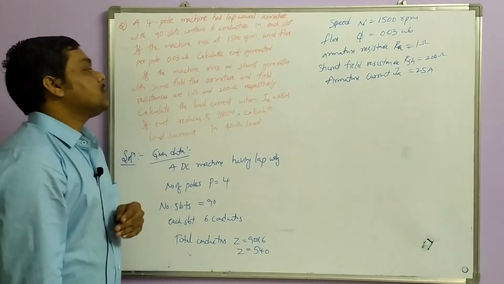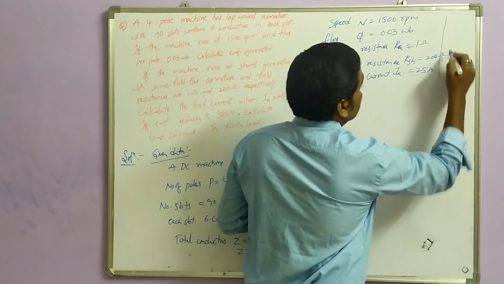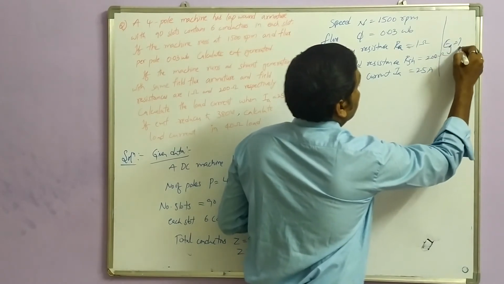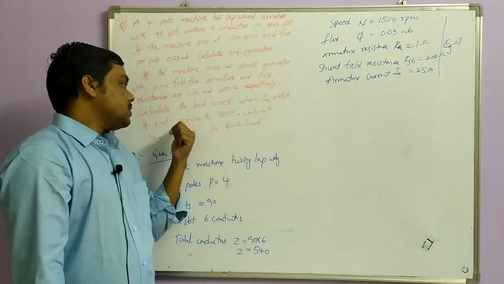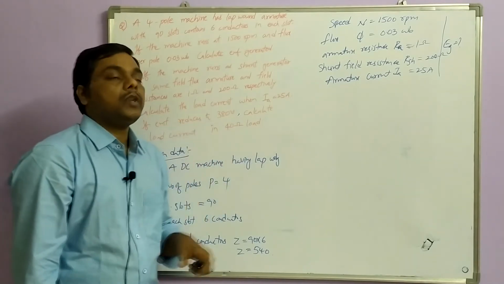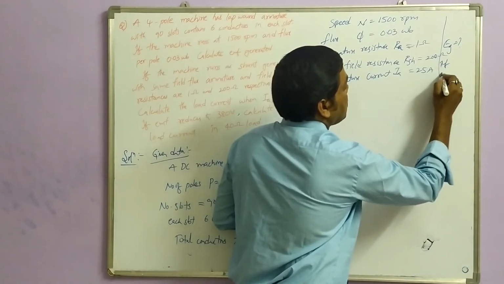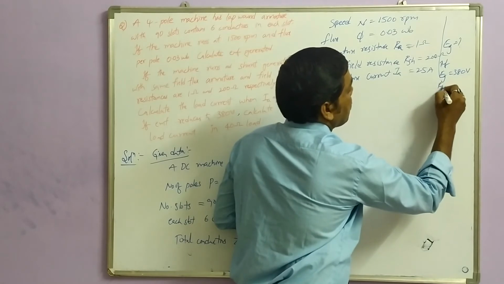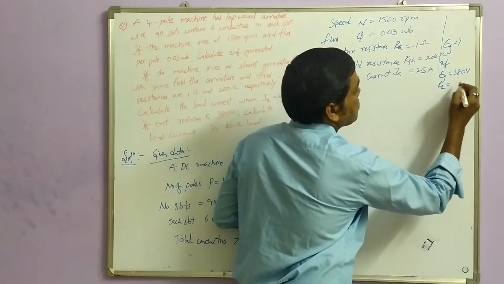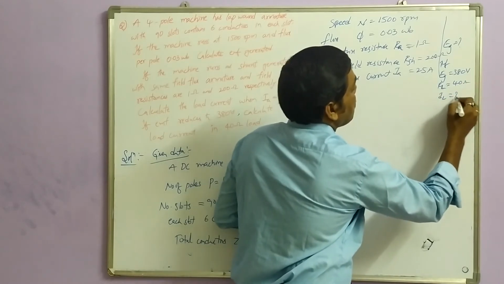This is up to the first case, for which we have to calculate the generated EMF. In the second case, he is asking: if the EMF reduces to 380 volts, that is, if EG is 380 volts and RL is 40 ohms, what will be the load current?